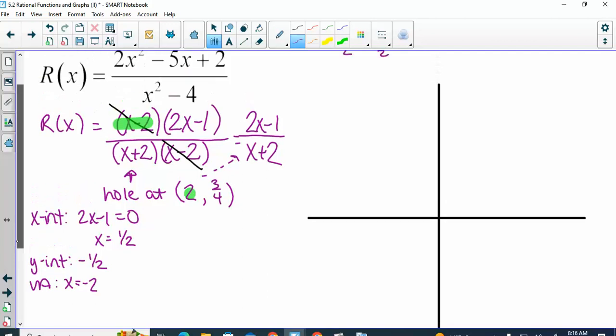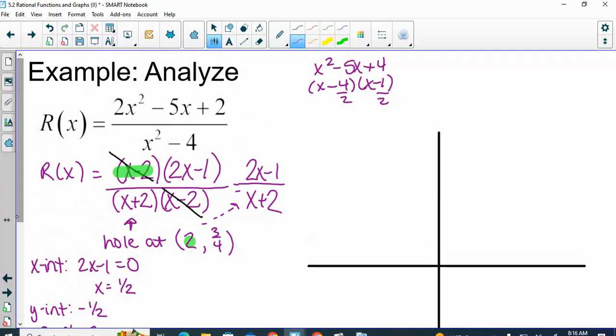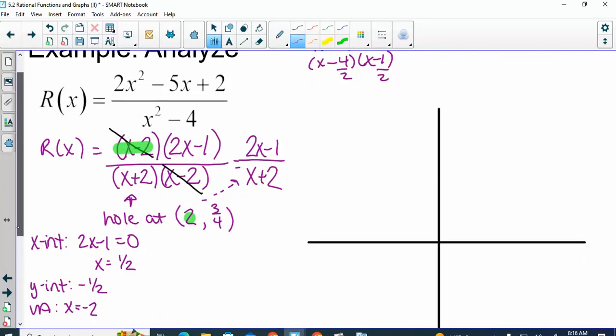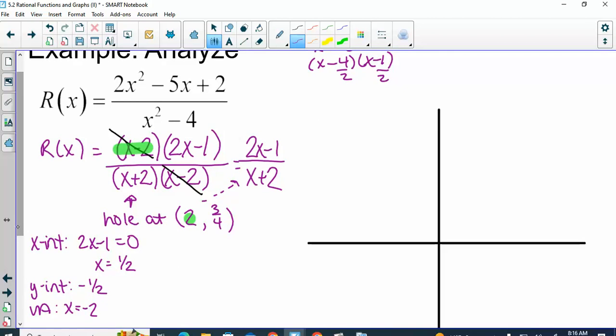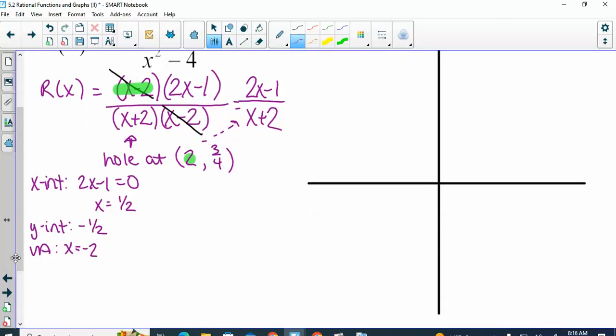Horizontal or oblique. It can be off the original or a factored one. You will get the same answer. The degree is the same on top and bottom in both of those, so you just divide leading coefficients: 2 over 1 is 2.